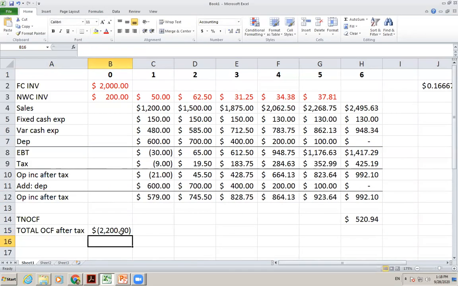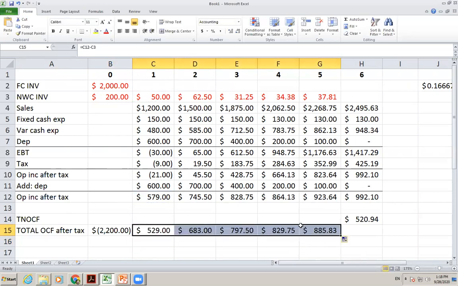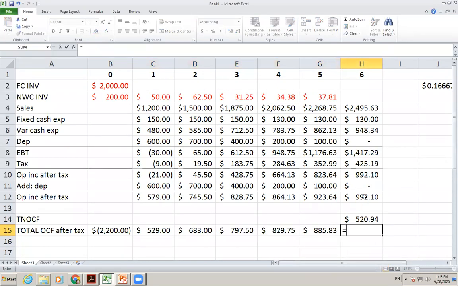This is my investment cost, 2,200,000. I'm bringing the cash flow after tax, this minus the net working capital expense till I reach this one. And when it comes to here, minus this.